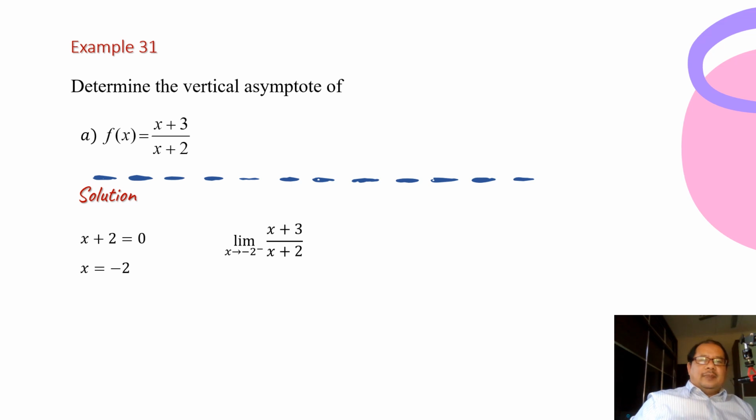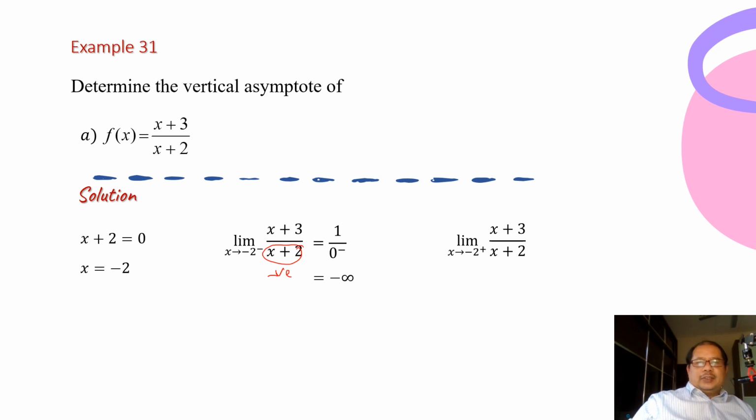Kalau nilai x ni kecil pada negative 2, this part becomes negative. You substitute negative 2 here, you get a 1. So you get 1 over negative. You akan dapat nilai yang negatif sebelum dapat 0. So the answer is negative infinity.